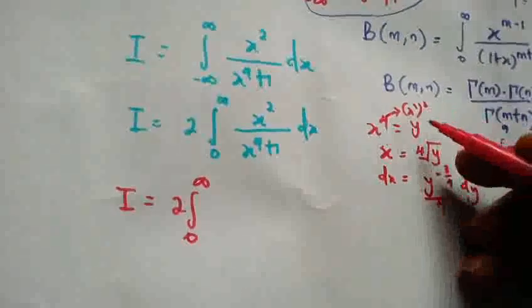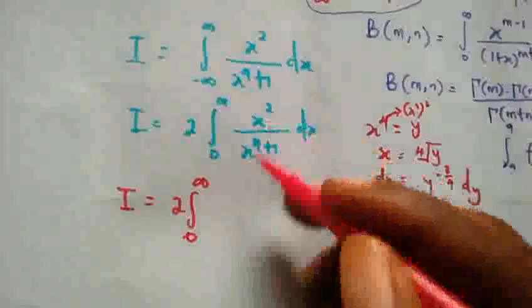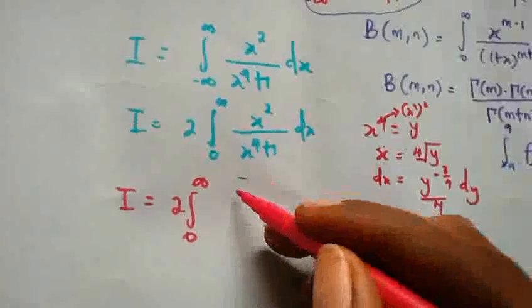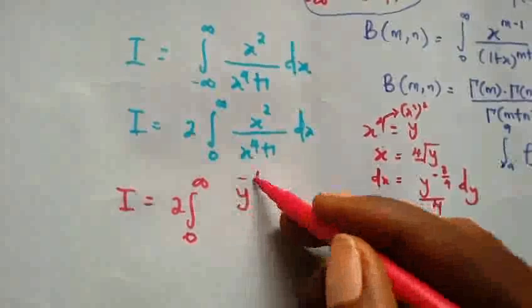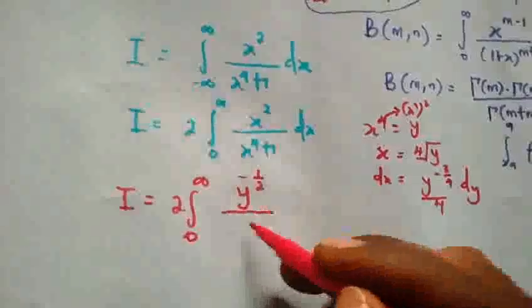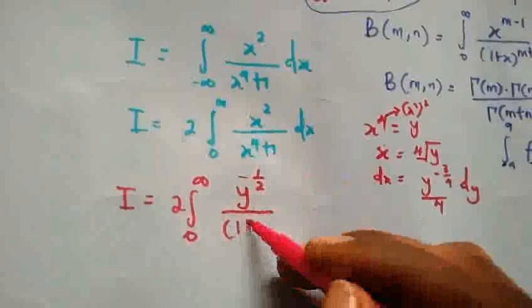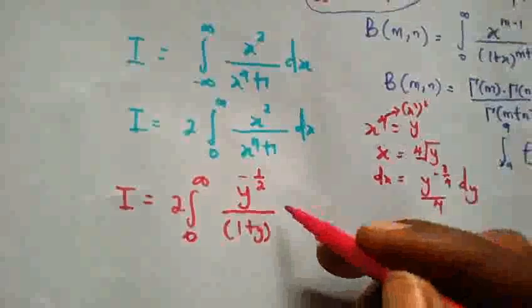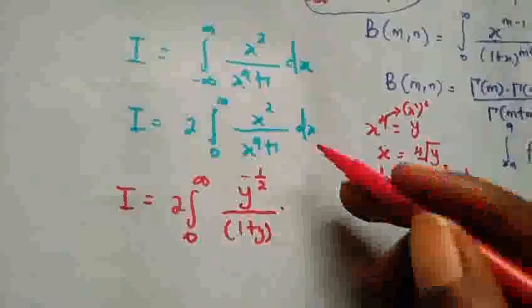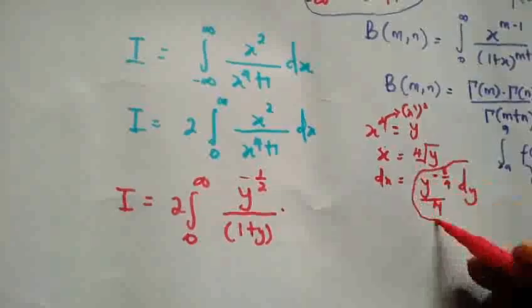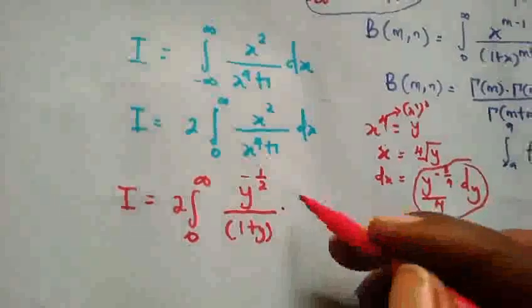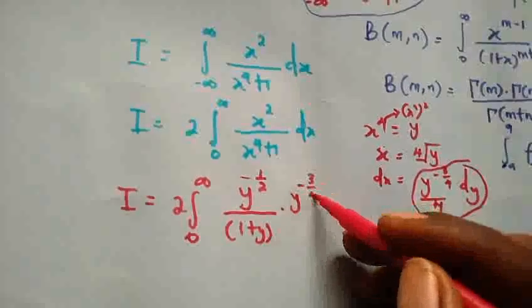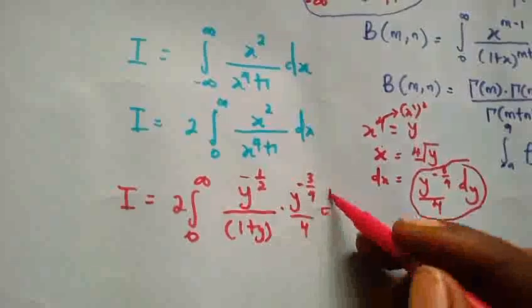If you take the root of both sides, we get that x raised to power 2 is equal to the square root of y, and the square root of y is the same as y raised to power 1 all over 2. Then all over 1 plus y as the denominator, times our dx, for which we make the substitution: dx is equal to y raised to negative 3/4 all over 4 dy.